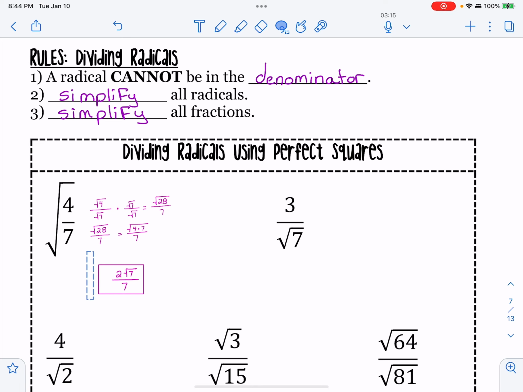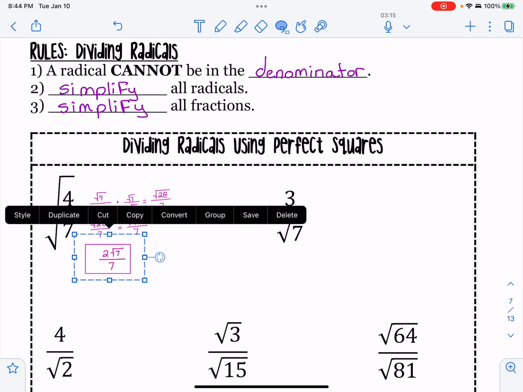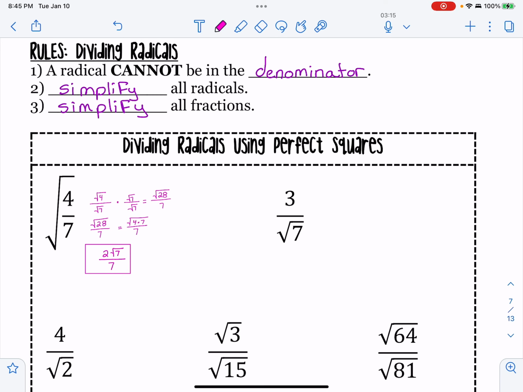Okay, so we're going to do a few more of these so we get the hang of it. All right, so next up I have 3 over the square root of 7. Once again, I cannot have a radical in the denominator. So I multiply both numerator and denominator by something equivalent to 1. So I have the square root of 7 over the square root of 7. And this will allow me to eliminate the radical in the denominator.